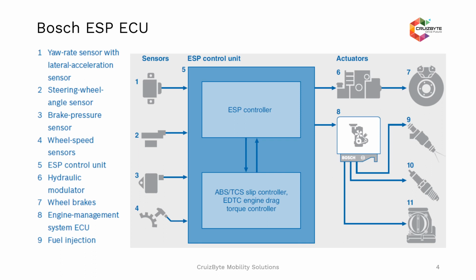On the left hand side, from the sensor point of view, you see the yaw rate sensor with lateral acceleration sensor, and the steering wheel sensor is the second sensor. Third is the brake pressure sensor, and fourth is the wheel speed sensor. So you have all four wheel speed sensors individually connected to the ESP control unit. These are the input units, and on the output side you have the brake actuators, number 6.